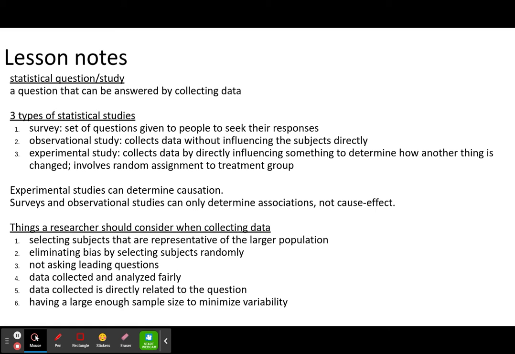An experimental study is like your classic scientific method. So, an experimental study collects data by directly influencing something to determine how another thing is changed. So, a typical experimental study would be, for example, when they did the trials for the COVID vaccines. They directly influenced the results.